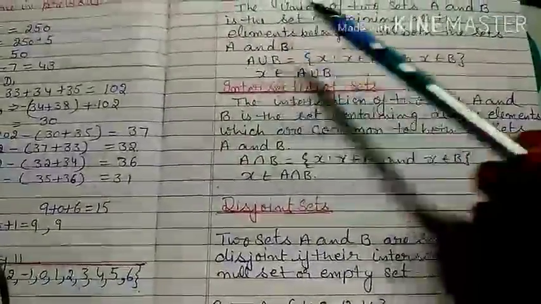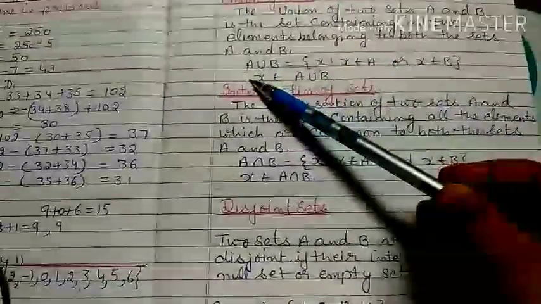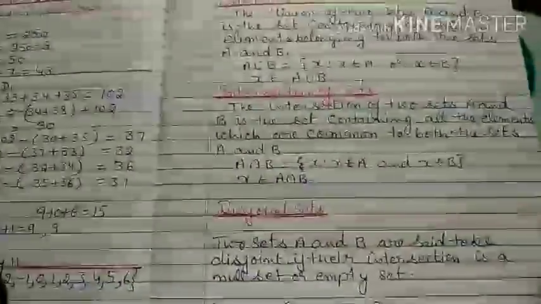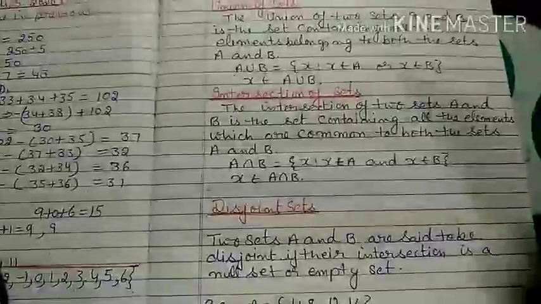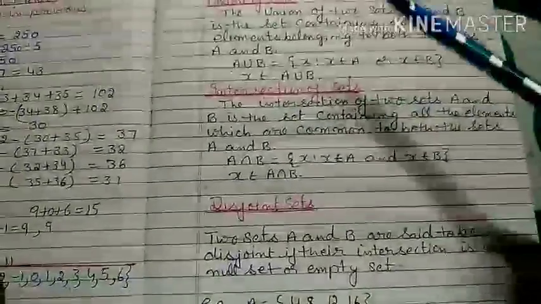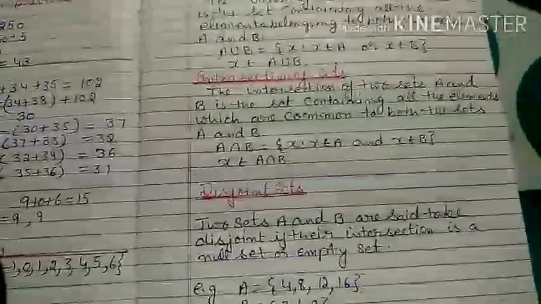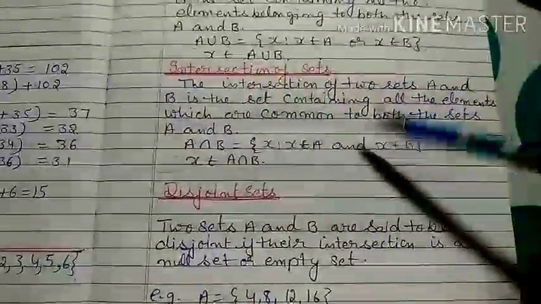If X is a member of A union B, then X belongs to A or X belongs to B, meaning either X belongs to set A or X belongs to B. So union means you have to write all the members of set A and set B, but repeated elements should be written only once.